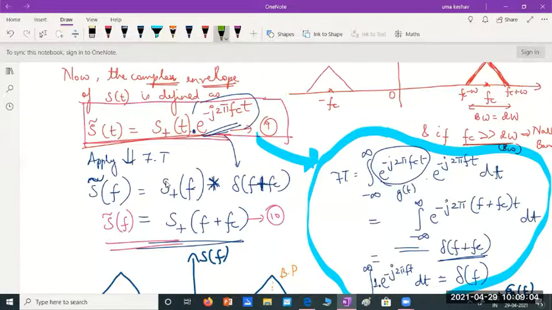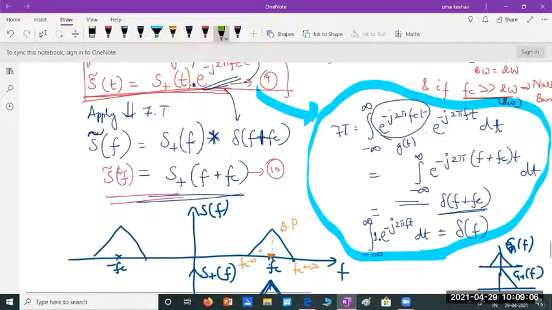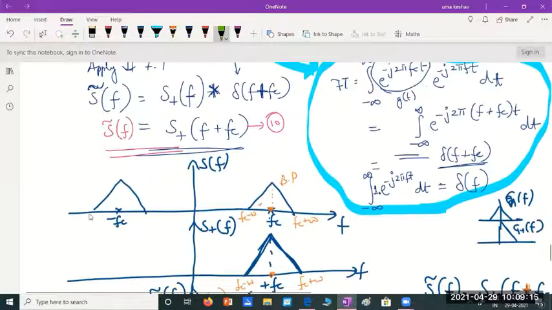And then we took the Fourier transform of this. Since this is in the time domain, we converted it. Why do we do this conversion to the frequency domain? So that we'll be able to draw the magnitude spectra and see what exactly happens. You can visualize this signal only when you go to the frequency domain.